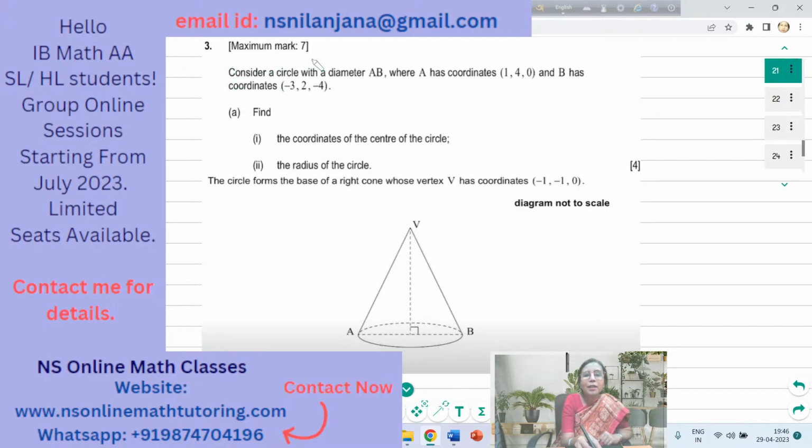Question number 3 contains 7 marks. Consider a circle with a diameter AB, where A has coordinates (1, 4, 0) and B has coordinates (-3, 2, -4). Okay, this is a circle type of a thing.